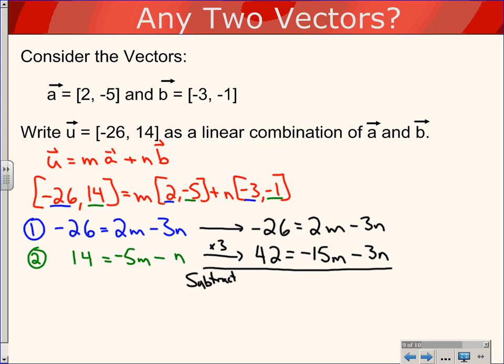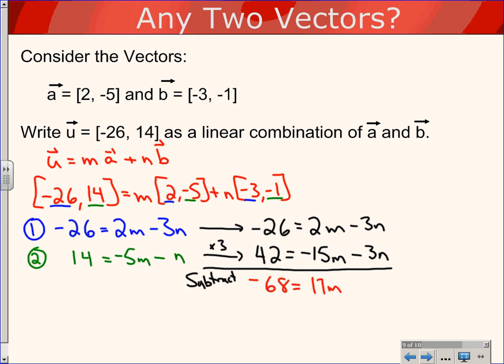Always have to be more careful with subtracting, just so we don't make any mistakes. -26 take away 42 is -68. And then 2 take away -15 would be 17m. And the n's should disappear, right? -3 take away -3 would be a 0. So the n's are gone.